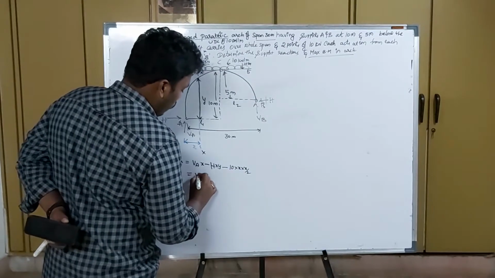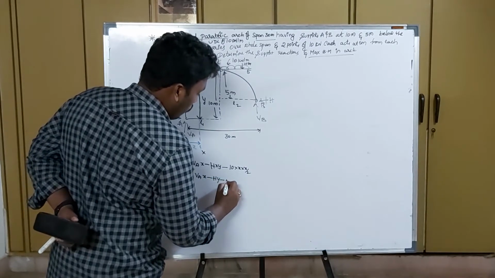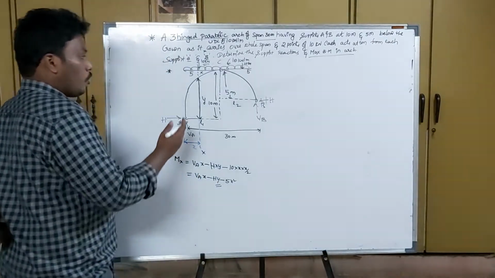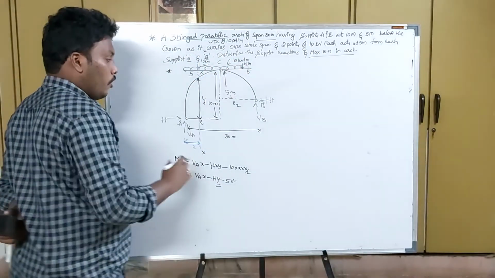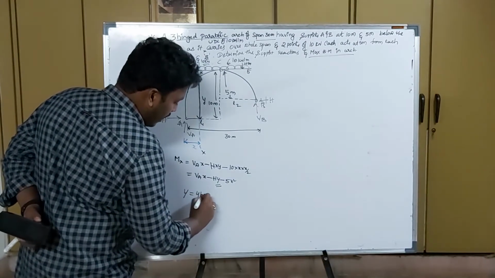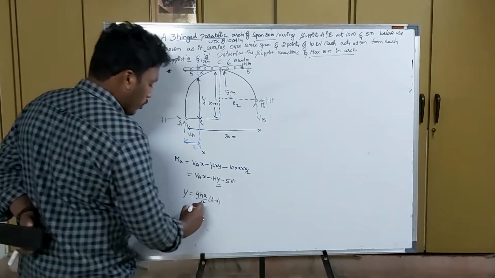This becomes VA into x minus Hy minus 5x square. So we don't know the value of y again. This is a parabolic section. When we go for the parabolic section, y is equal to 4hx by L square into L minus x, which is a common thing you already know.